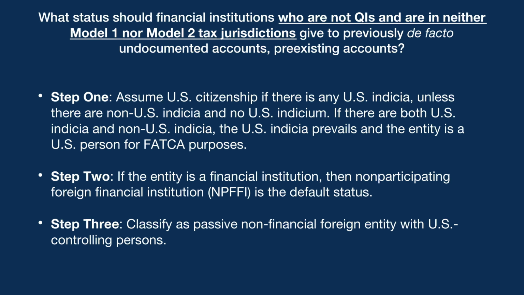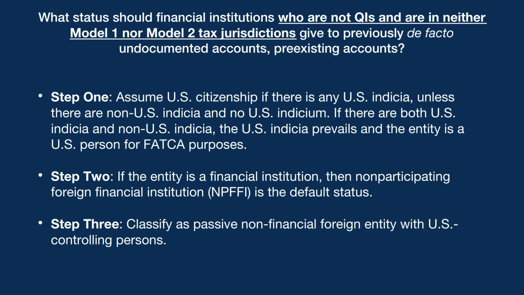Step 2. If the entity is a financial institution, then non-participating foreign financial institution, NPFFI, is the default status. The reason for this is that it's the non-IGA FATCA rules that apply, i.e. the US Treasury rules, not IGA rules, as there is no IGA under this scenario. If at the end of Step 2 the customer financial account is not classified as an NPFFI, then move to Step 3.